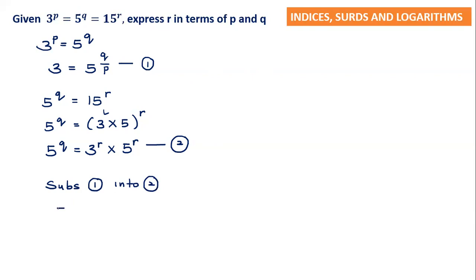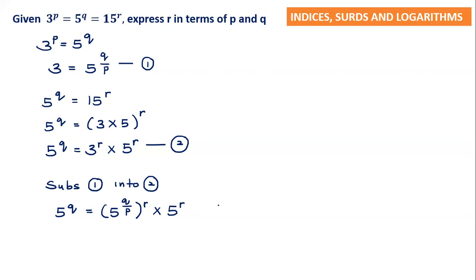So it's going to be 5Q equals to, the 3 is going to be 5 bracket Q over P. Don't forget there's an R there. You have to put the R outside of the bracket, times 5 power R.